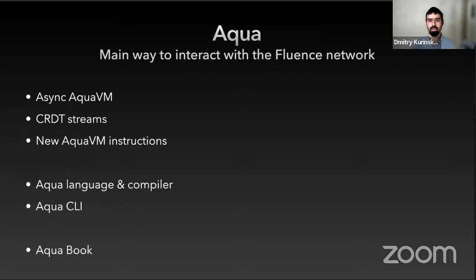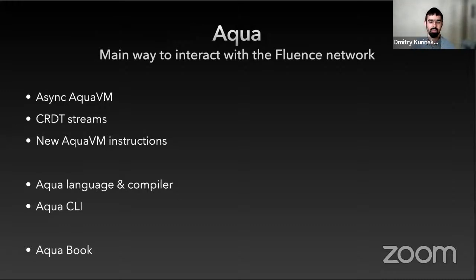So first of all, Aqua. Aqua is the language for distributed systems, and it's the main way to interact with the Fluence network. Over the year, we did a lot of upgrades to the Aqua virtual machine.